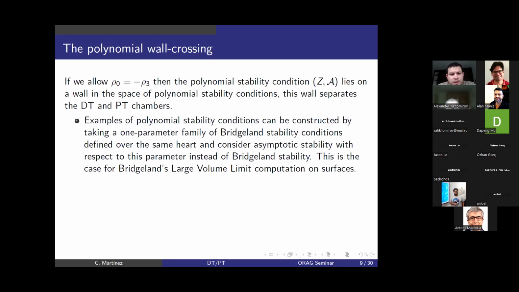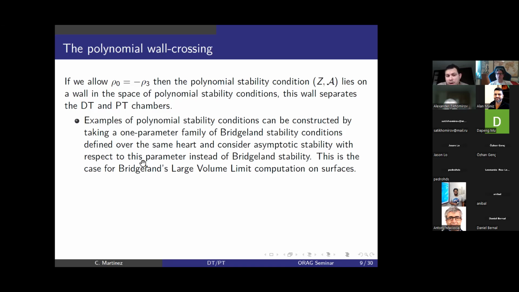Now, other examples of these polynomial stability conditions can be constructed if we take a one-parameter family of Bridgeland stability conditions. Let's say that a polynomial stability condition is somehow an asymptotic Bridgeland stability condition, where for the values of the central charge you only care that they organize asymptotically. But for a Bridgeland stability condition, you want that the actual function, for every value of the parameter, satisfies this inequality of the phases.